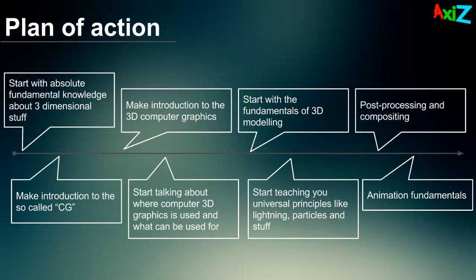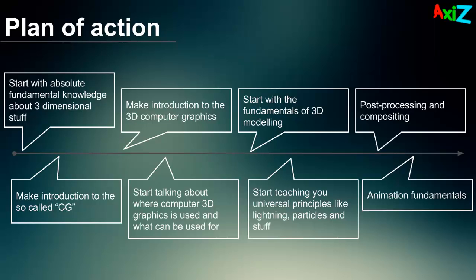Then I'll make an introduction to 3D computer graphics, like what's 3D computer graphics, like animations, video games, and stuff like this. Then I'm going to start talking about what you can use computer 3D graphics for, like commercials and banners and animations, games, the stuff that you can do with 3D.